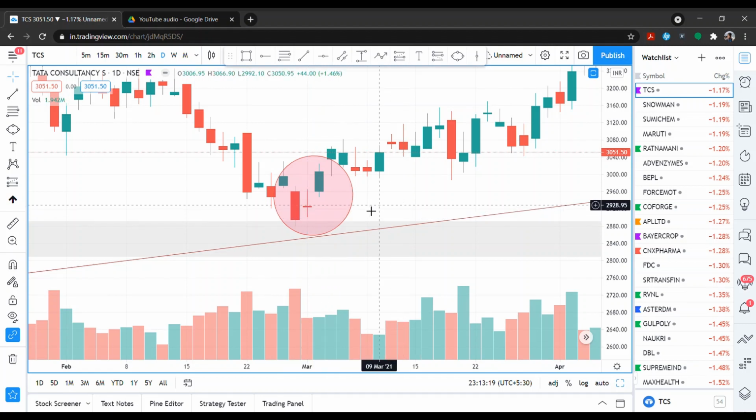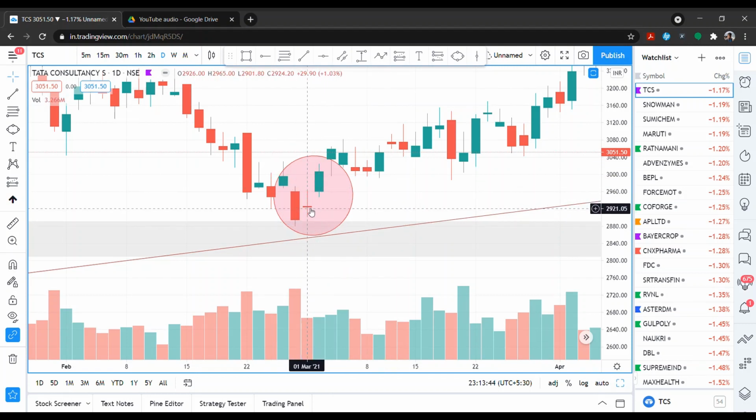The price closed where it opened. That means yesterday there were a lot of sellers, but today the sellers have disappeared, or we could say that buyers have come in, and there was a fight between the sellers and buyers and nobody won. That's why we got a doji candle here.